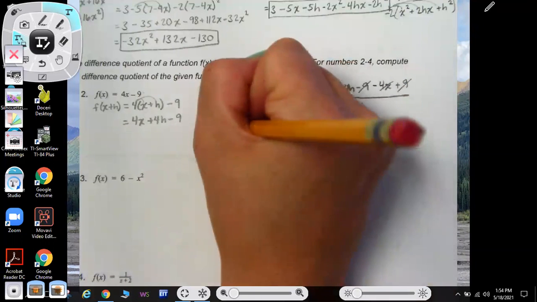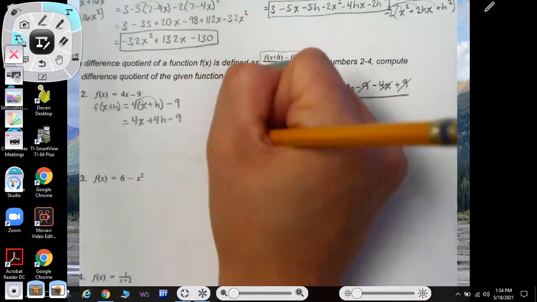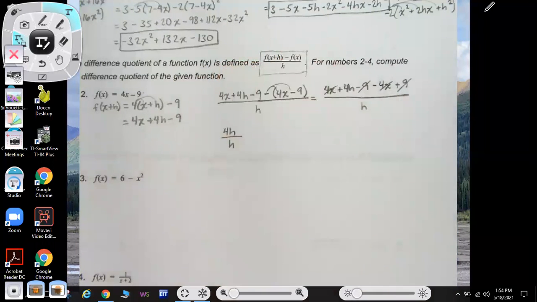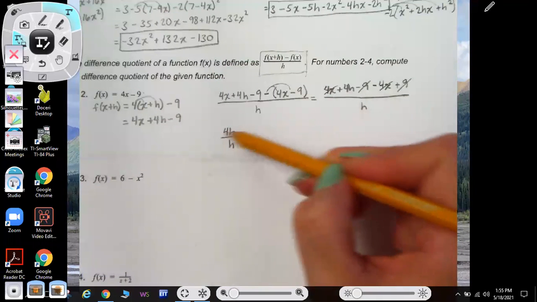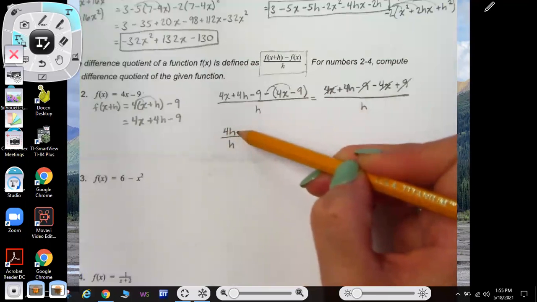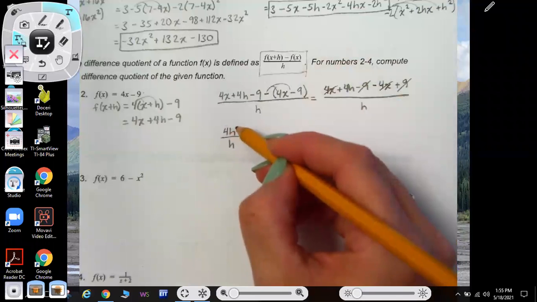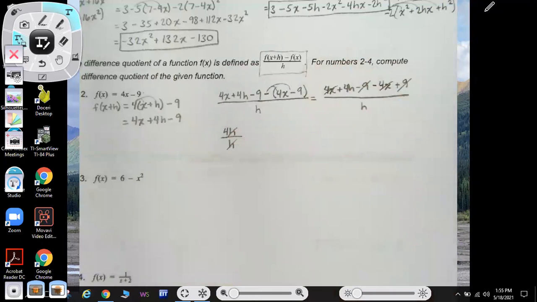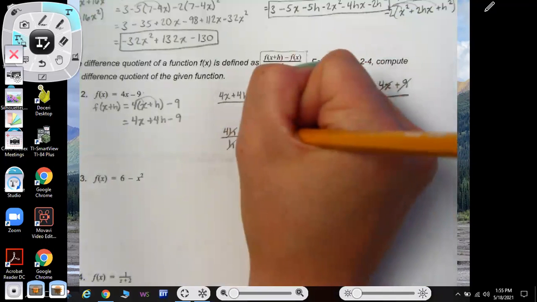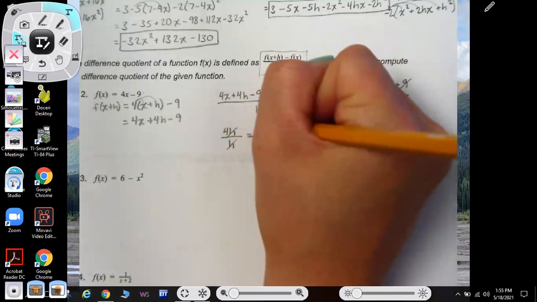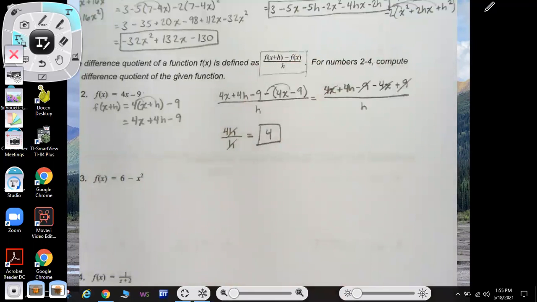So that just leaves us with 4h in the numerator over h. Now, since all there is is multiplication happening in the numerator, there's no addition or subtraction anymore. And because both this term and this term have an h, h divided by h is just 1. So really all we're left with is 4. And that is our answer for number 2.